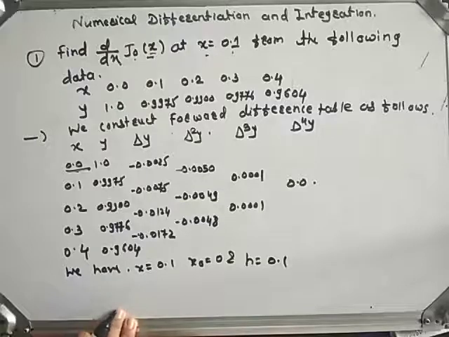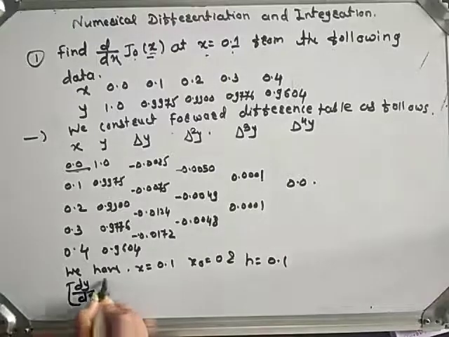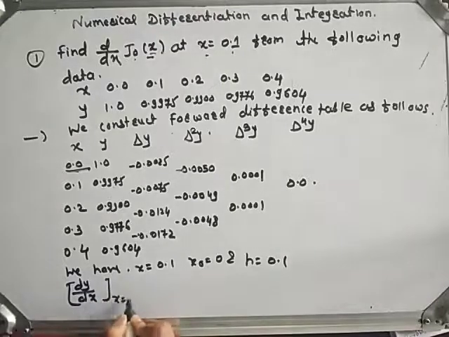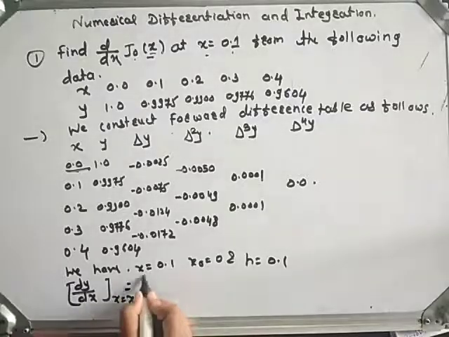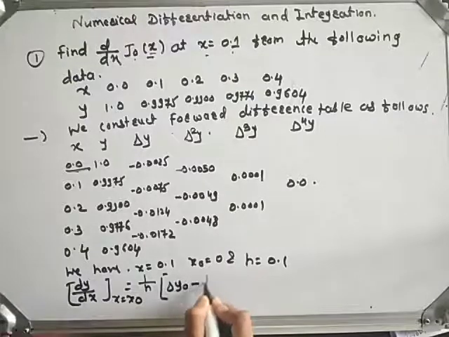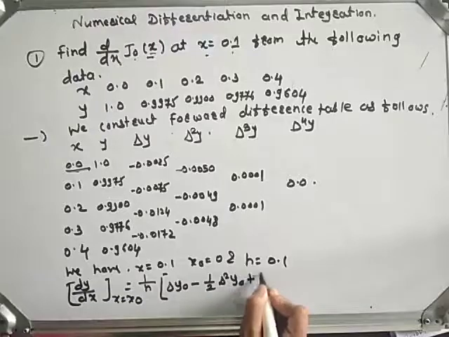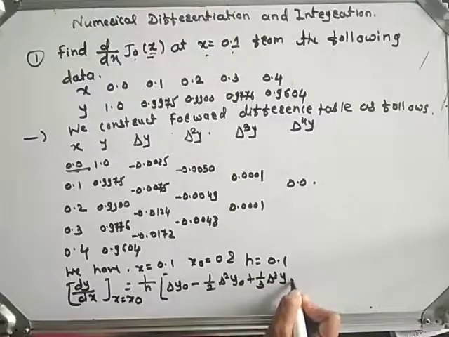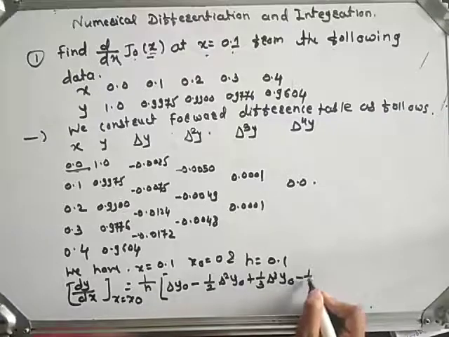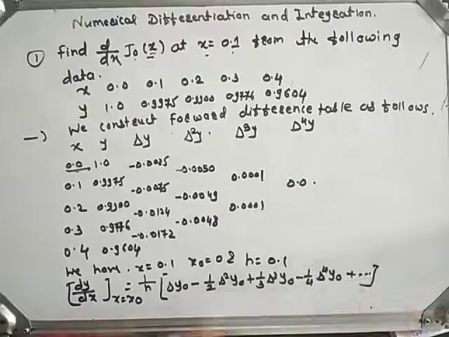To compute the derivatives with Newton's forward difference formula, use the formula dy by dx at x equals x0, which equals 1 by h delta y0 minus 1 by 2 delta square y0 plus 1 by 3 delta cube y0 minus 1 by 4 delta raised to 4 y0 plus and so on.